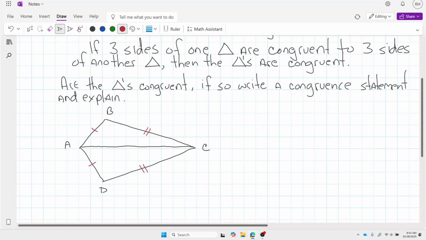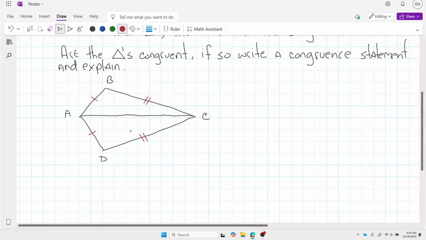And this picture's on the top of page 295, I'm sorry, 296. All right, so based on these markings, these tick marks, we've got two sides of the triangle up top congruent to two sides of the triangle on the bottom. It doesn't quite meet side, side, side yet, does it?